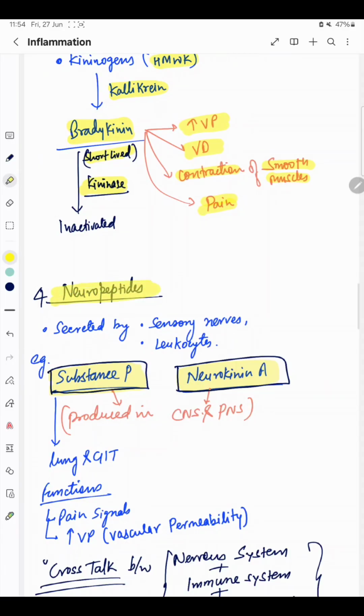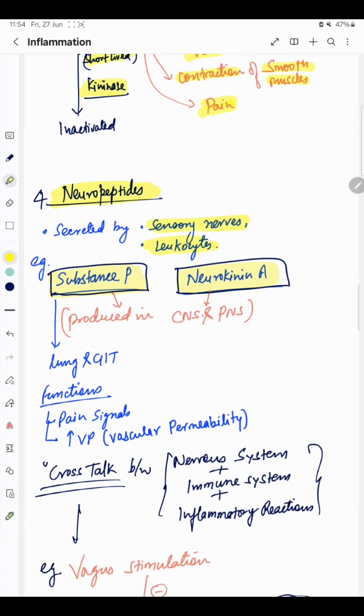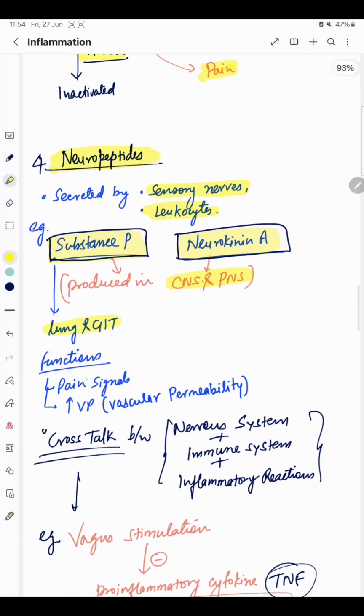Another type of inflammatory mediators are neuropeptides. They are secreted by sensory nerves and leukocytes. For example, substance P and neurokinin A are produced in the CNS and PNS. Also, substance P is produced by the lung and GIT. They play a role in pain signals and are also responsible for increased vascular permeability.